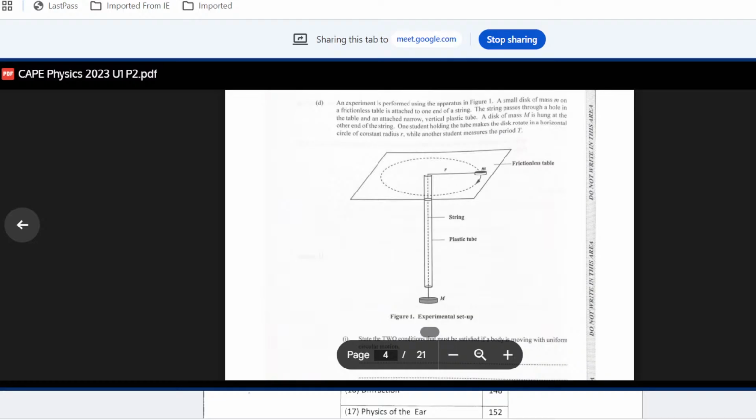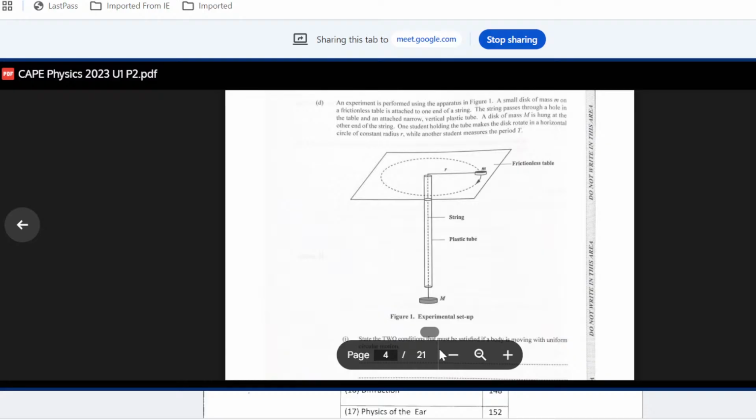We said there must be a force acting towards the center, the centripetal force, and that the linear speed is tangential to the motion of the object. Also, the acceleration must always be perpendicular to the velocity, and there must be a constant speed.